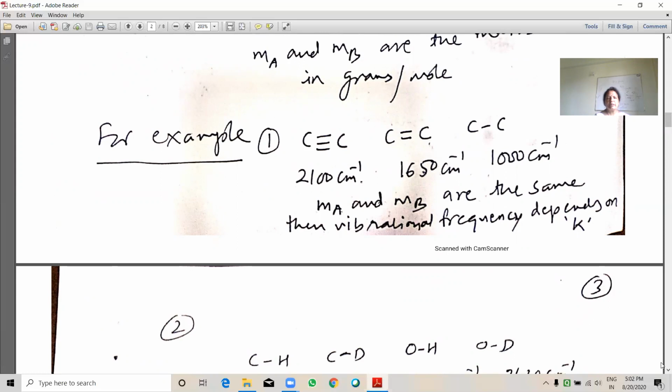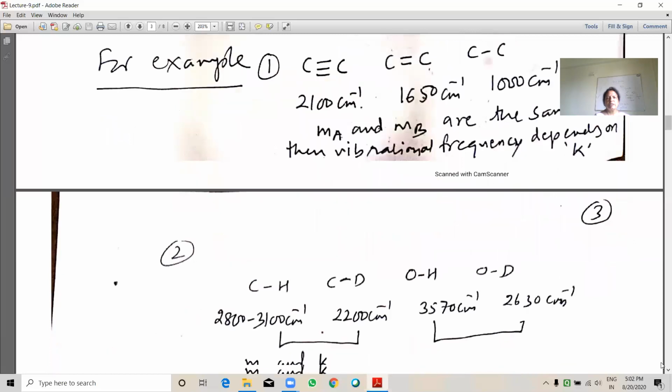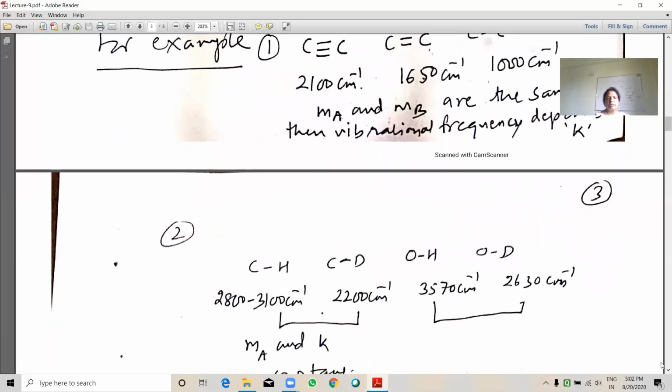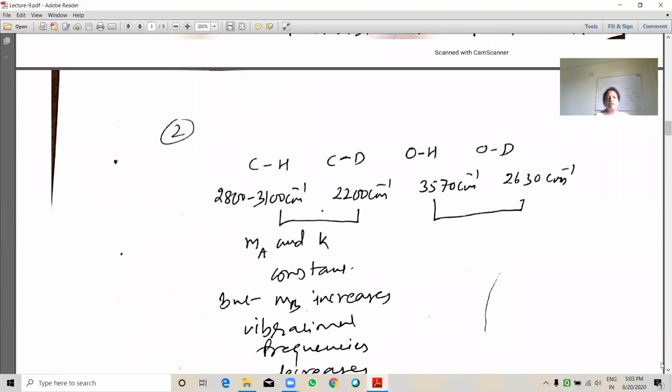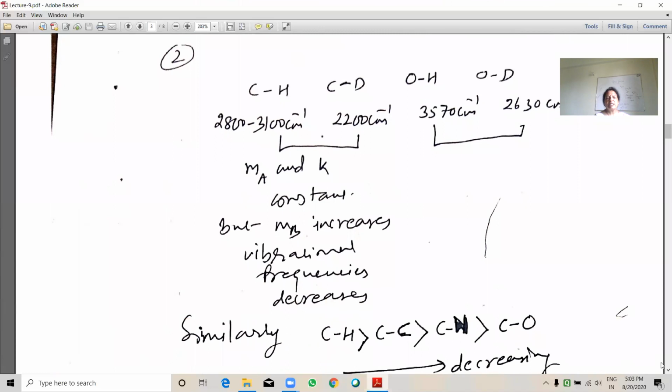So the frequency now depends on the bond strength of the molecule. In this series, carbon hydrogen and carbon deuterium: carbon deuterium has more mass compared to hydrogen. So here K is constant, but Mb is increasing. So vibrational frequency will decrease.